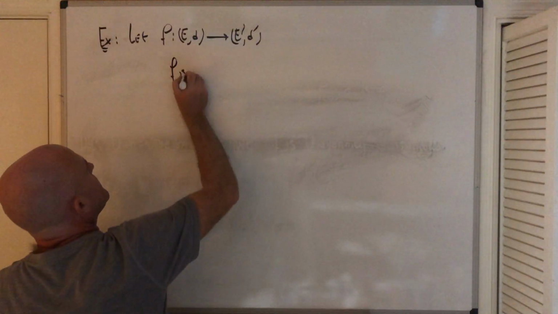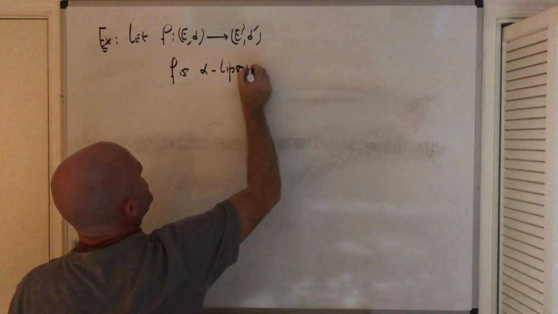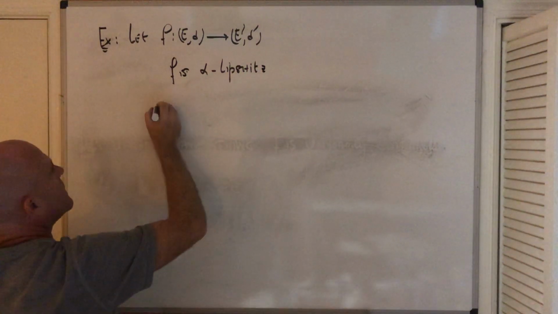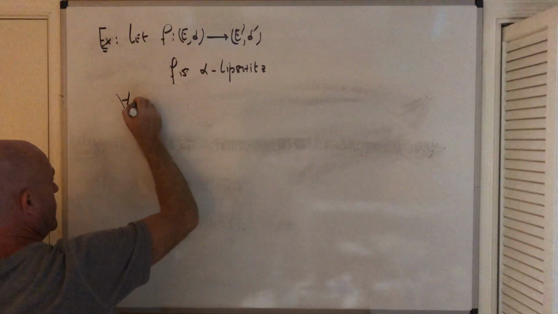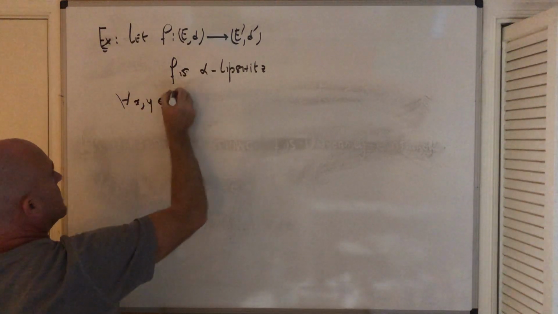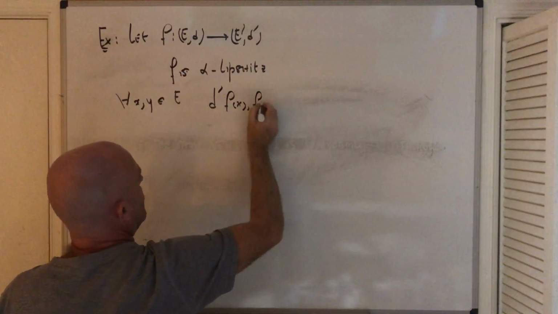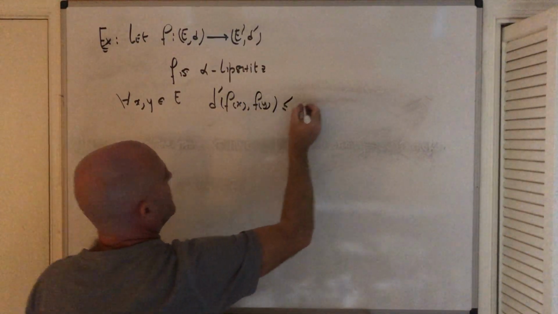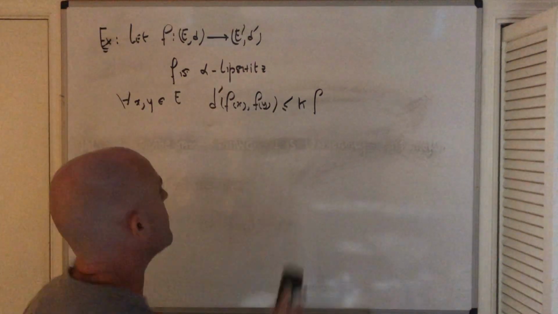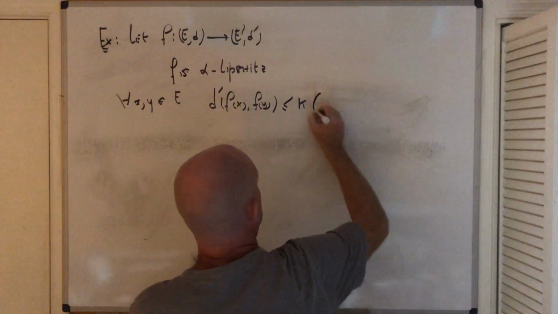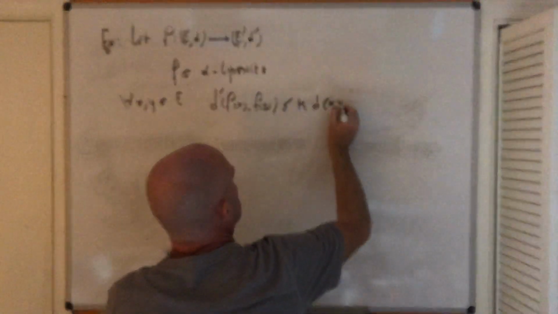Suppose f is k-Lipschitz. That means, remember, that for all x and y in E, the distance d prime of f of x and f of y is bounded by k times the distance between x and y.